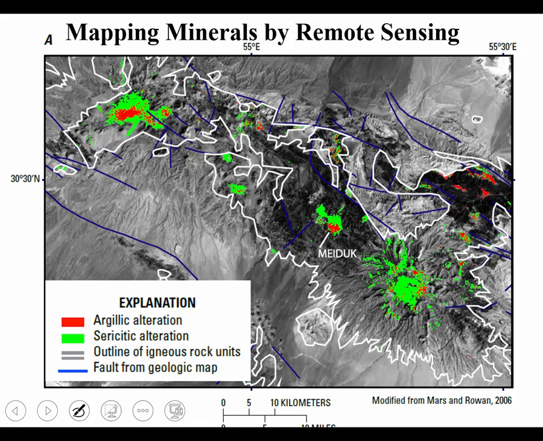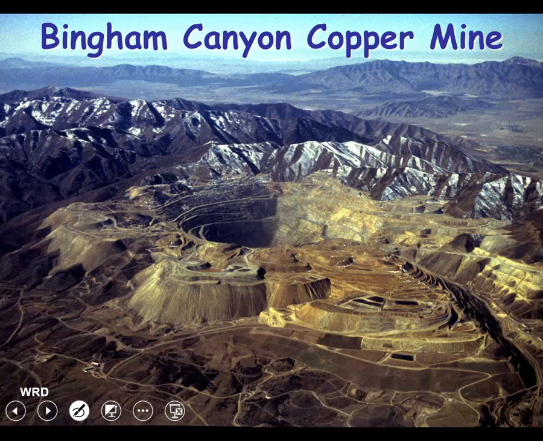So literally almost 50 years ago, we were using multispectral data to try to locate these porphyry coppers, and it actually was going to be my first dissertation topic until I decided I wasn't that interested in it and did something else. So what are some of the environmental issues?